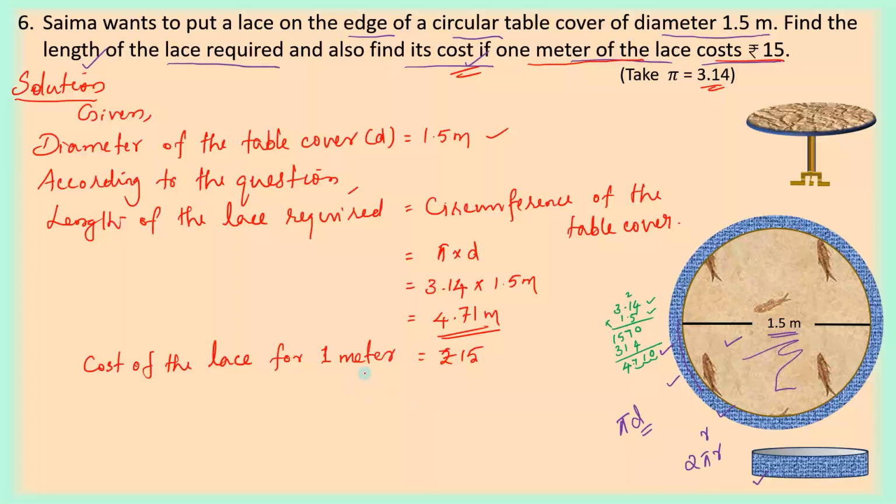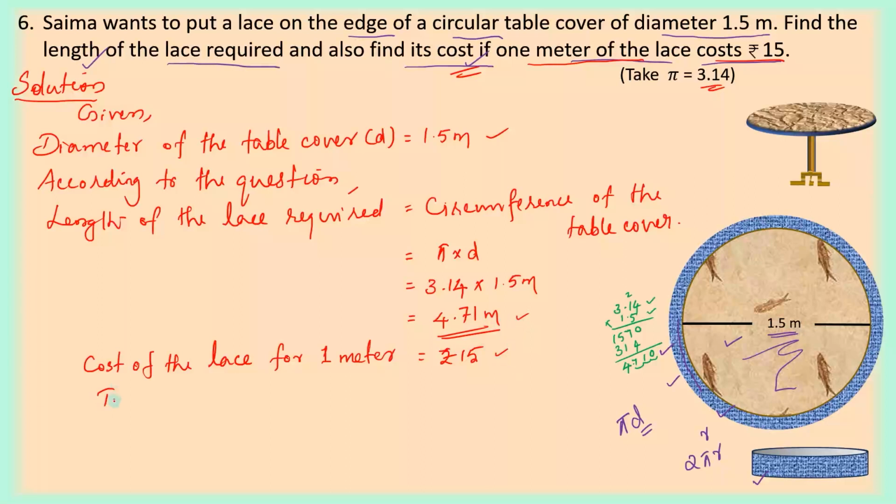That is, for 1 meter lace, the cost is ₹15. But here the length of the lace is 4.71 meter. So for getting the total cost, we have to multiply 4.71 with 15.